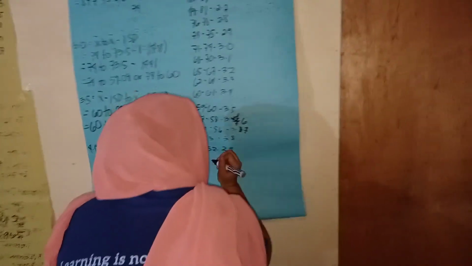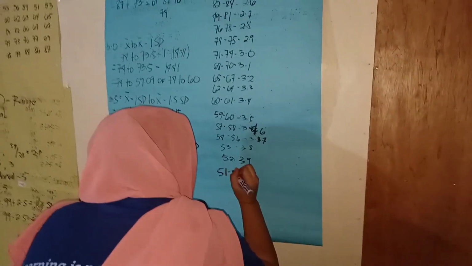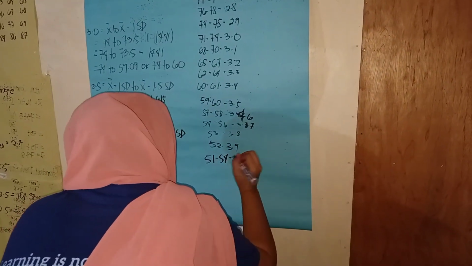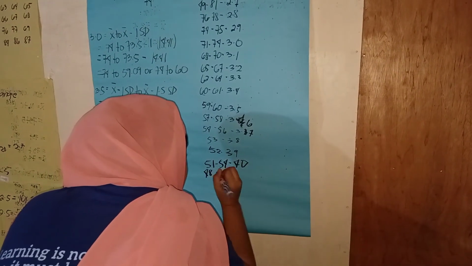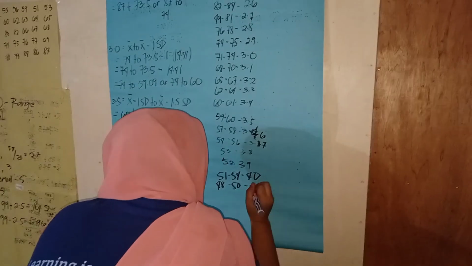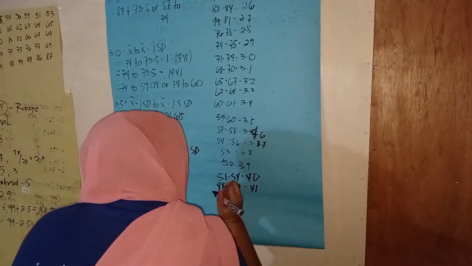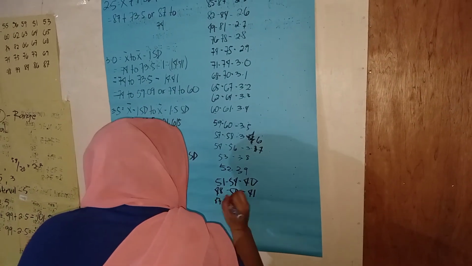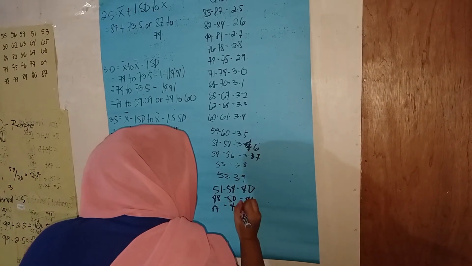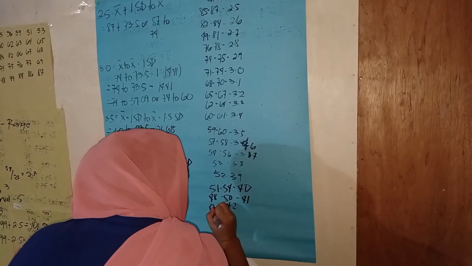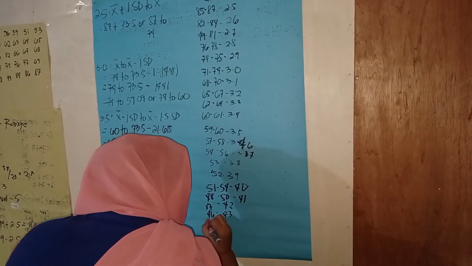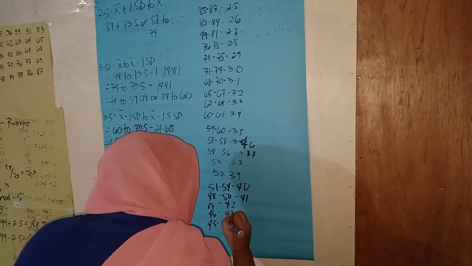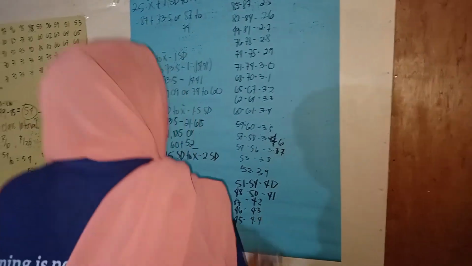Here the given 51 to 54, we have 4.0; 48 to 50, we have 4.1; 47, 4.2; 46, 4.3; and 45, 4.4.